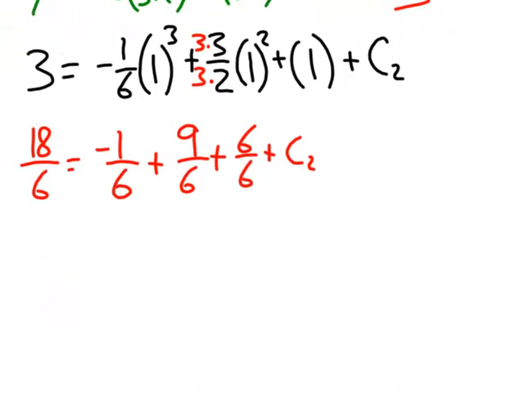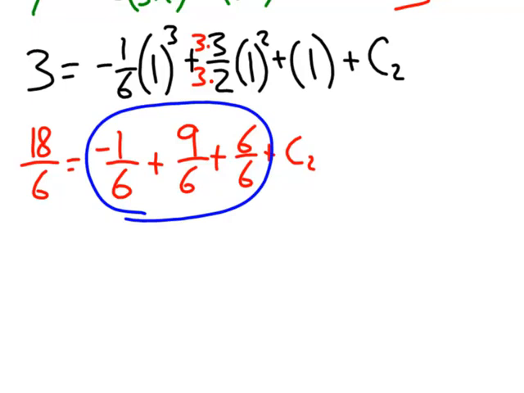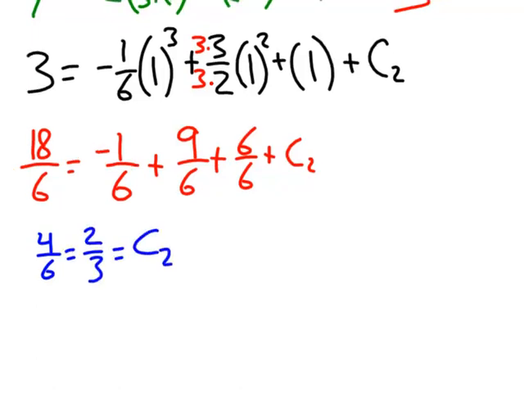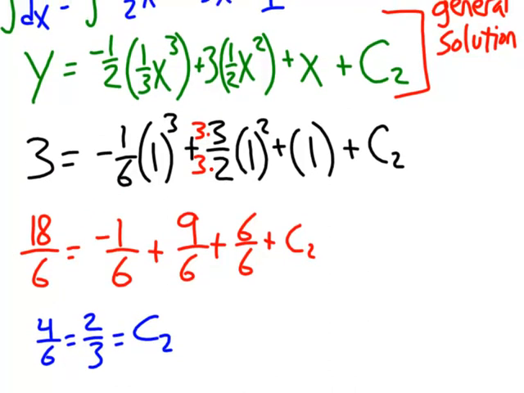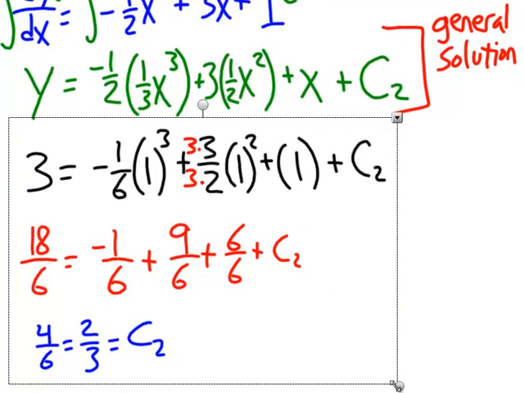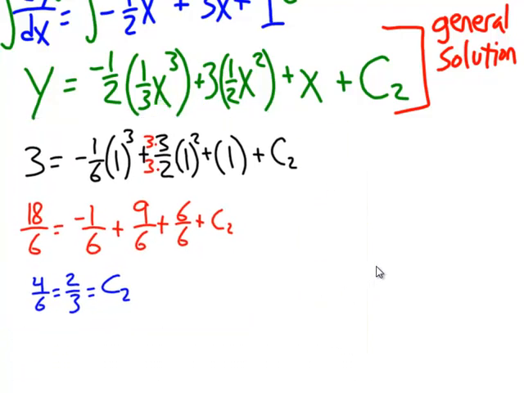All right, so over here, I've got 14/6. If I subtract it over to the left, I'll end up with 4/6, which is the same as 2/3. That's what equals my c2. So if I scroll back up a little bit to see my general solution, shrink this down a little bit, I'll now write my particular solution.